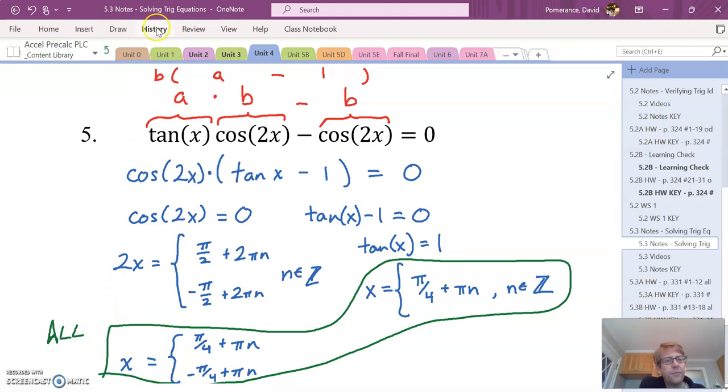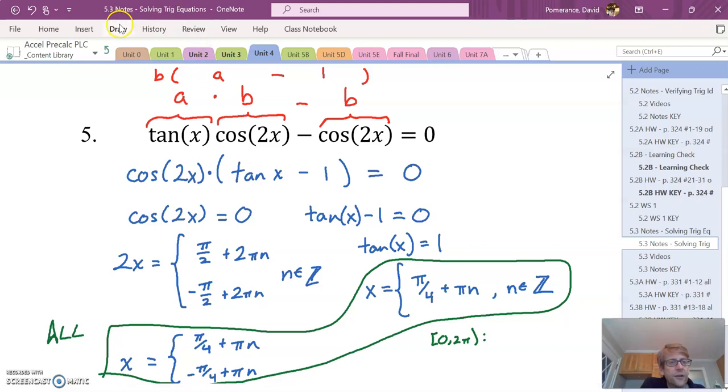And then if we wanted to move on to, what about if it's just between 0 and 2 pi? So including 0, not including 2 pi. If we look for those, we look at each one of these lists. You might notice that the pi over 4 plus pi n that we had for the cosine equation and the pi over 4 plus pi n that we got for the tangent equation are identical. So we really don't need them twice.